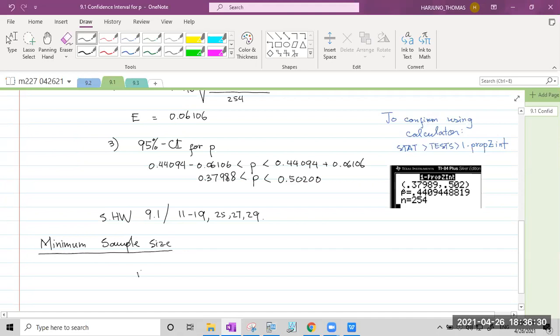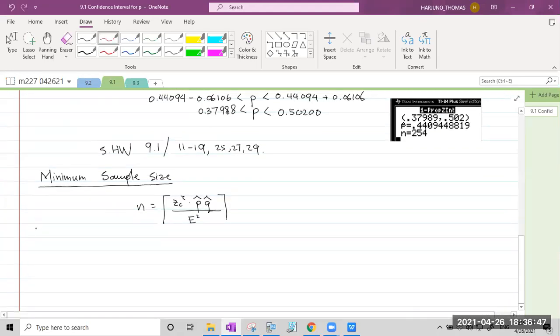Minimum sample size n is equal to the critical value squared times p hat q hat over margin of error squared. With a note: if p hat is unknown, then use p hat equals 0.5.